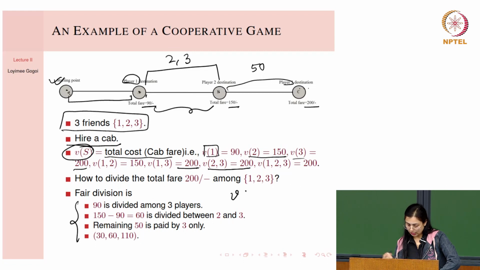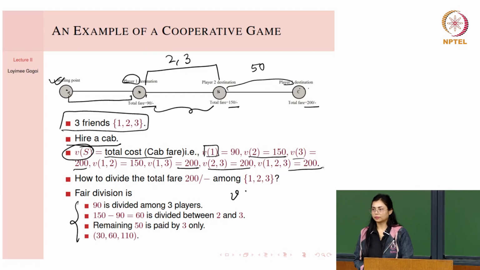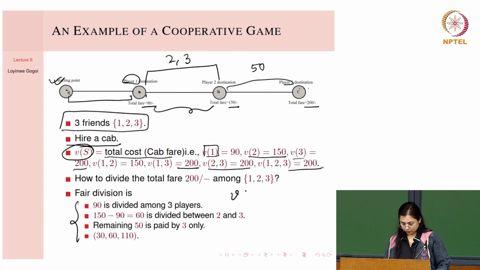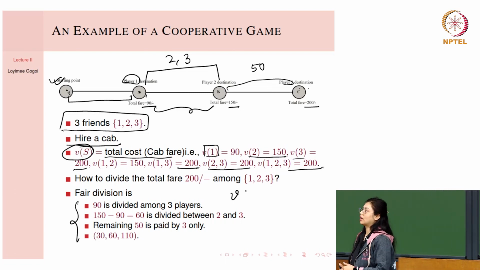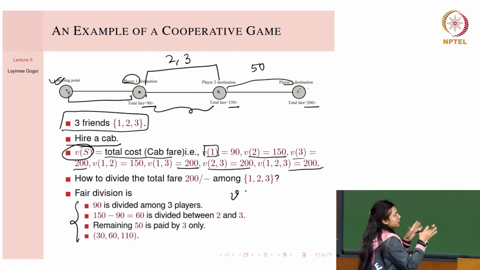V of {1,2} is 150, V of {1,3} is 200, V of {2,3} is again 200, and V of {1,2,3} is 200. So this is the example that I want to show. This is how we can construct a value function and define a cooperative game. So this is a simple scenario.